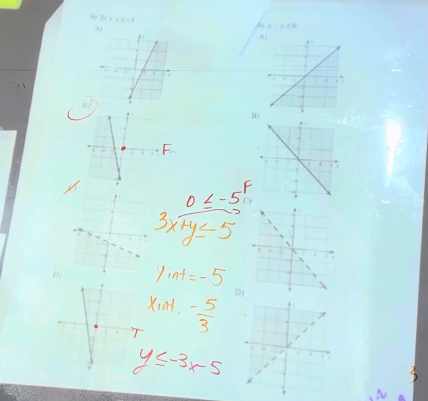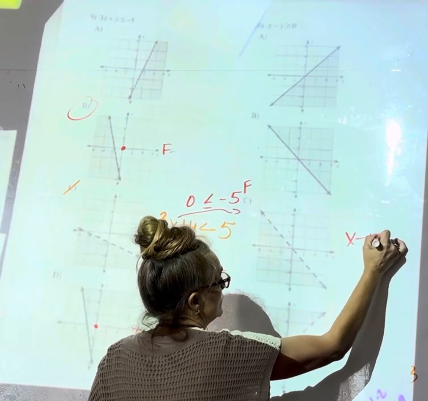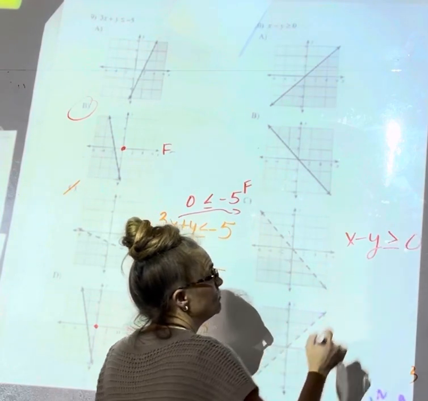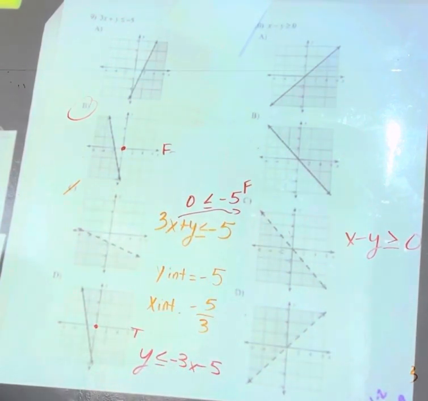Number 10. You have x minus y is, what's that symbol say? Greater than or equal to 0. So what are my x and y intercepts? The origin. Yeah, so that doesn't help. But what can I omit?